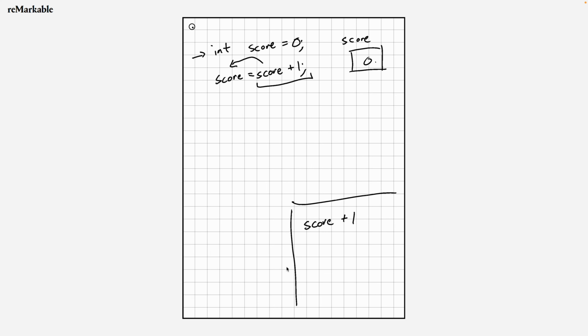We know that score is 0. So what's 0 plus 1? That equals 1. That means that up here, we're going to erase what was in score, and now score is equal to 1. That's how you increment a variable or add 1 to a variable.